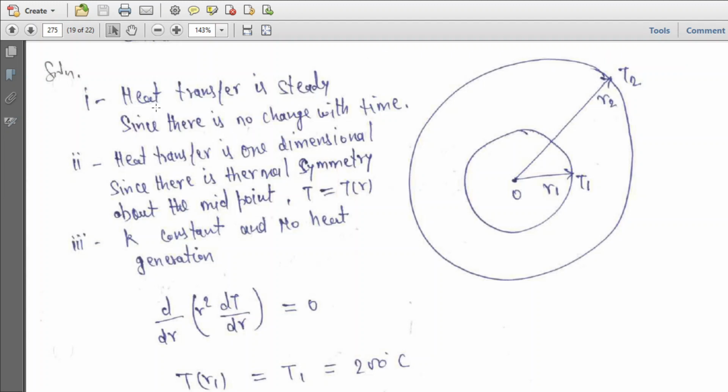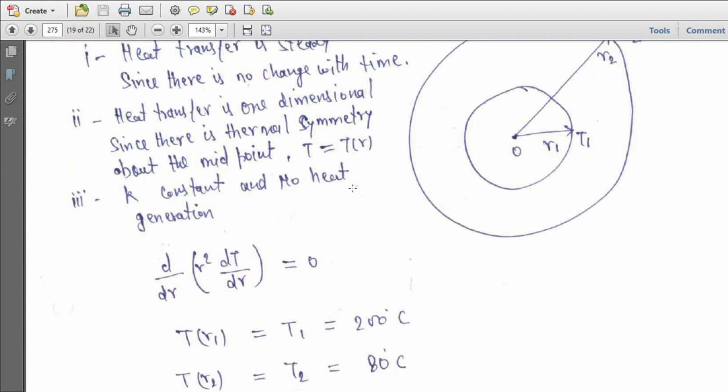Here we are considering steady heat transfer, since there is no change with time. Heat transfer is one-dimensional since there is thermal symmetry about the midpoint. Thermal conductivity is constant and there is no heat generation within the material.